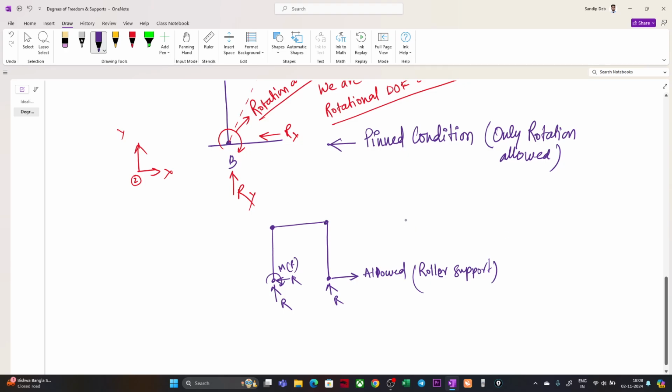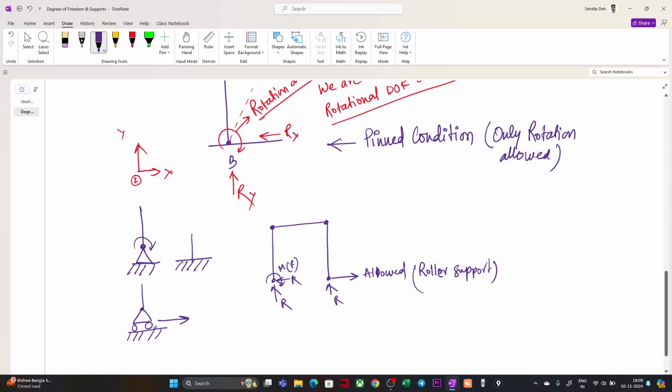We have symbols for these. A pin support is like this. It is pinned here, so simply, it can rotate about this point. A fixed support is like this, which means it cannot rotate and it cannot translate either. A roller support is something like this, which will be translating along this particular direction.